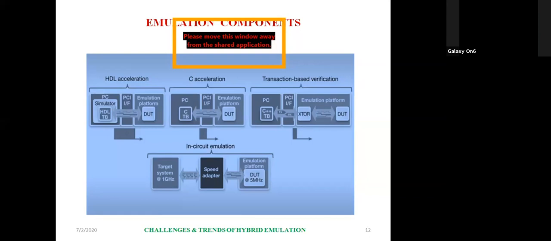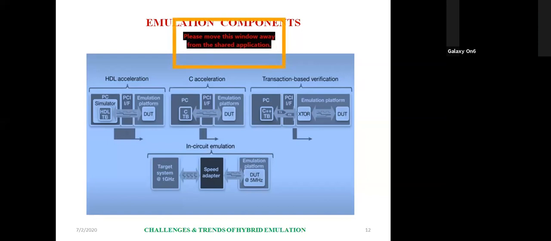We have transaction-based verification. That is a C++ PCI interface. So this C acceleration and transaction-based is similar to the Vivado HLS environment. This C acceleration is exactly in the Vivado HLS environment. So it uses C interfaces to port to the emulation platform.